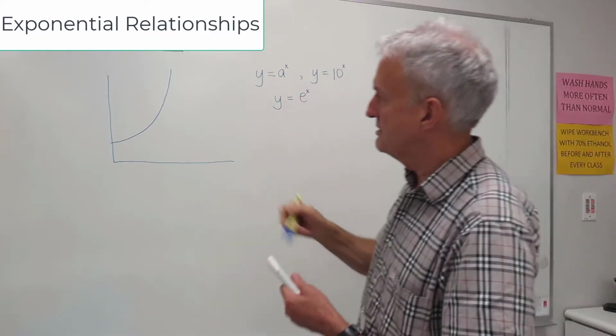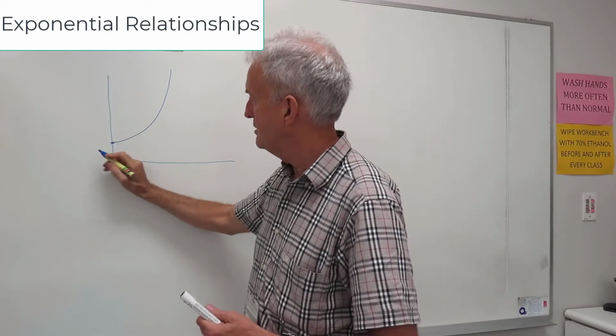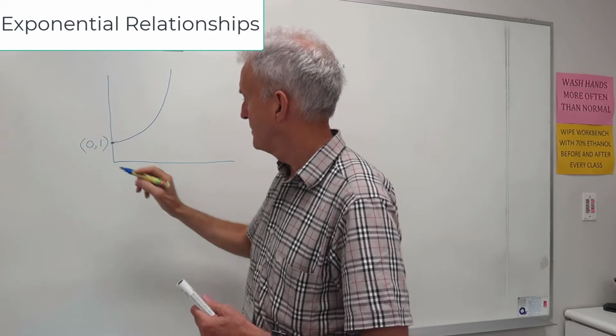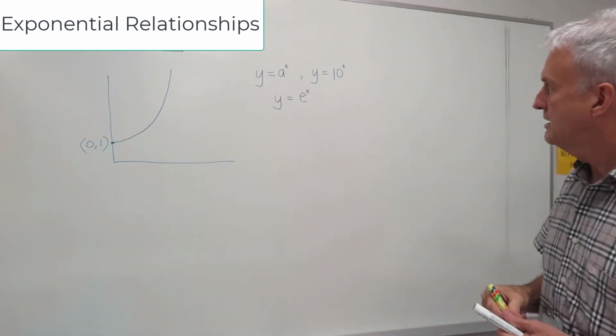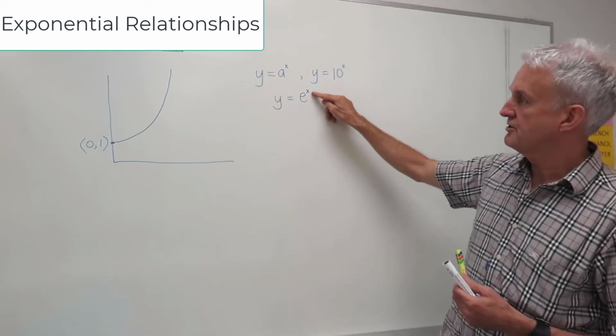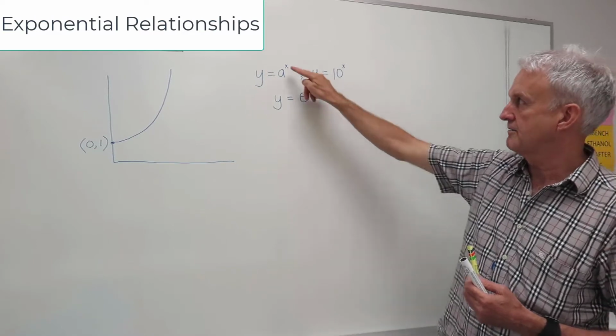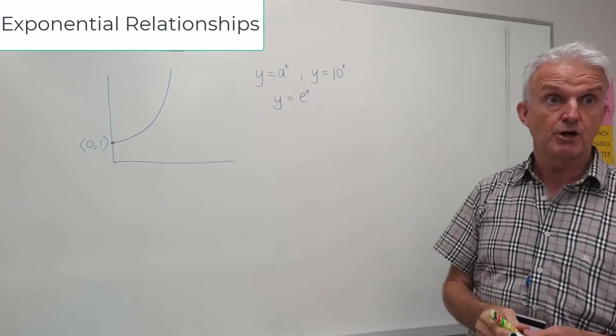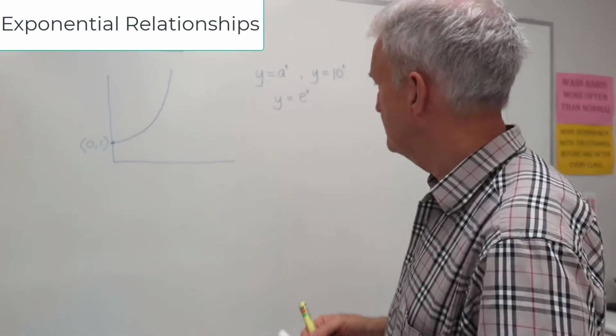Now all three of these functions pass through this point here, 0, 1. It's easy to verify that if you substitute x equals 0 into any of these expressions, you get y equals 1. It's a property of the exponential equation.